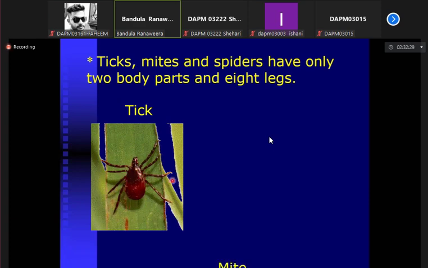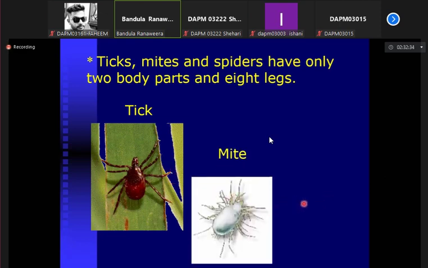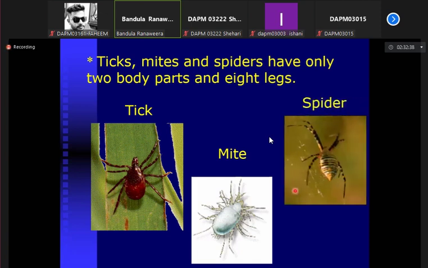So that is why we can't differentiate easily. But in order to differentiate insects from mites, ticks, spiders, we can use that feature. And they have 8 legs, 4 pairs of legs.